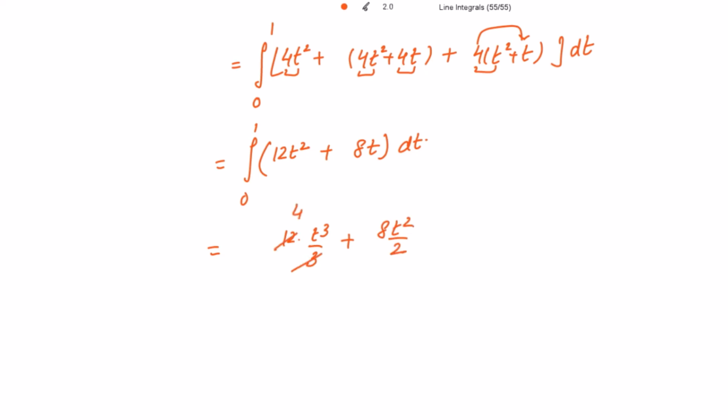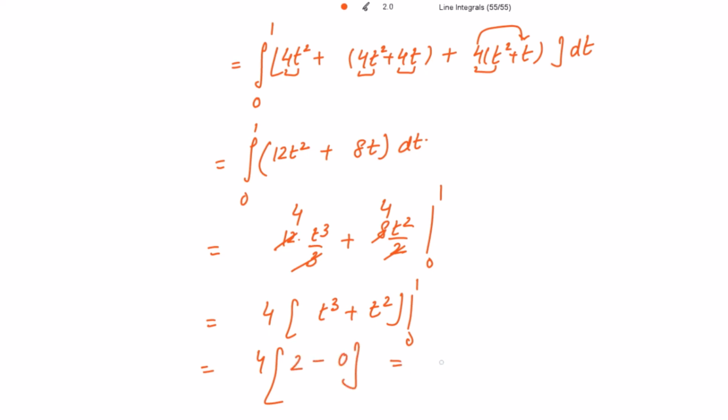So this cancelled out gives 4 and this gives again 4, and limits from 0 to 1. So this is 4 into (t cube plus t square) and the limits from 0 to 1. So this is 4 into, putting 1 over here, we get 1 cube plus 1 square, that is 2, minus putting 0 gives 0. So that is equal to 8, which is the required answer.